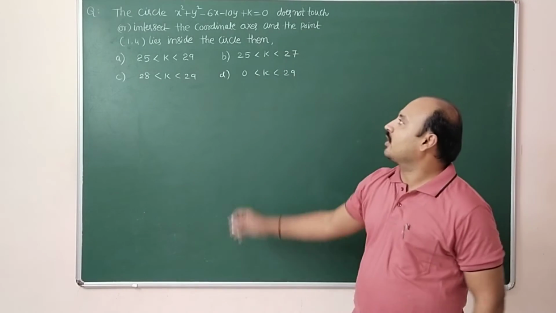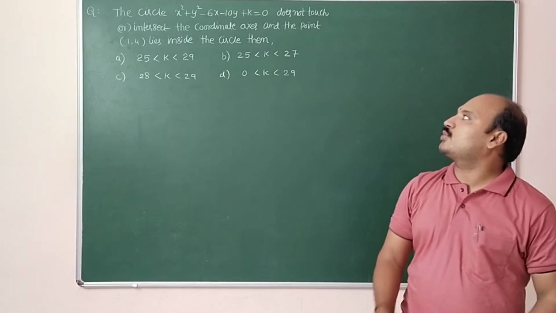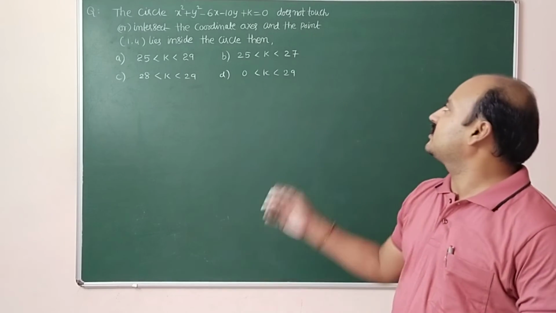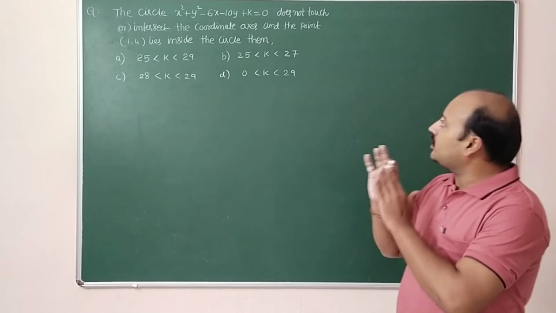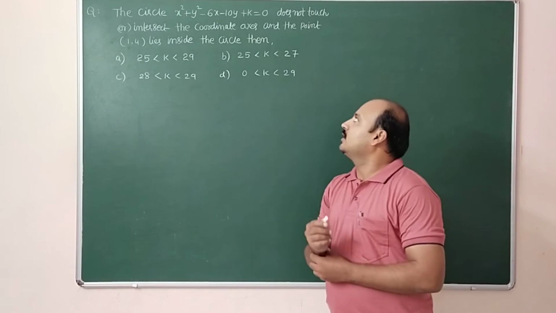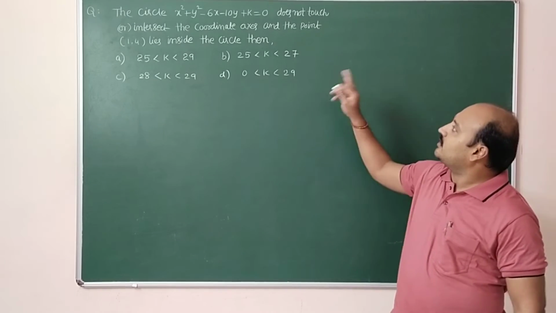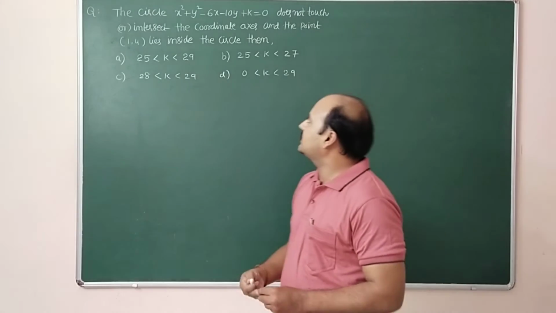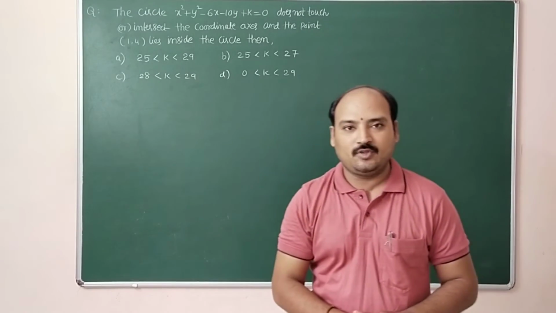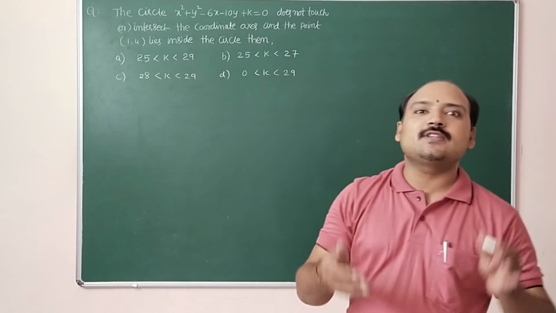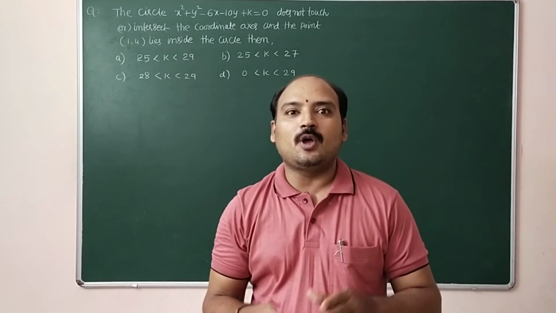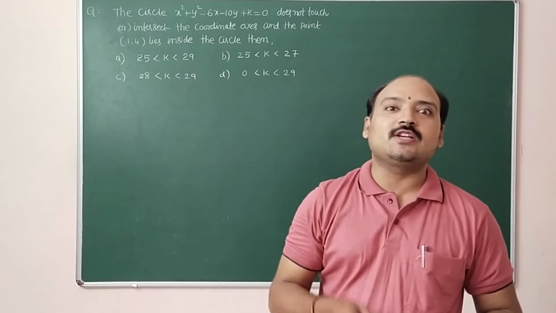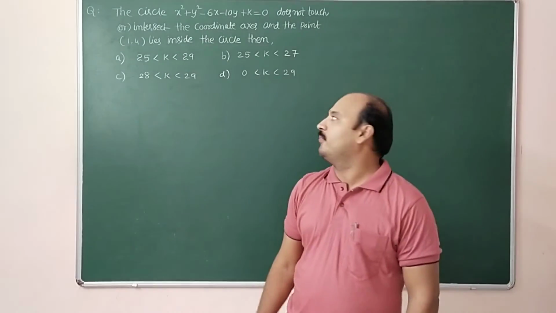The next question. The circle x square plus y square minus 6x minus 10y plus k equal to 0 does not touch or intersect the coordinate axis and the point (1, 4) lies inside the circle. We know that if the point is inside the circle, the power of the point is less than 0, S11 is less than 0.